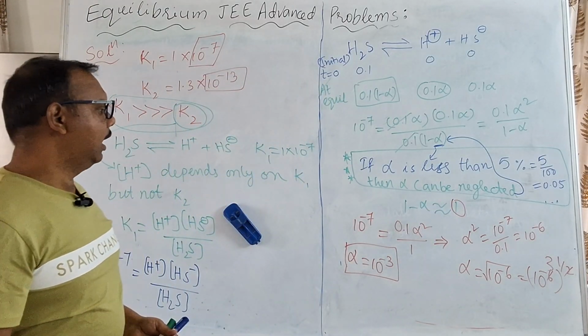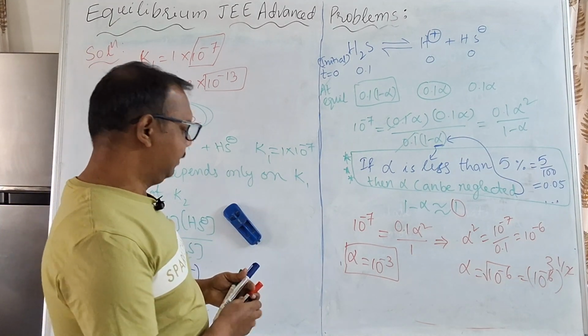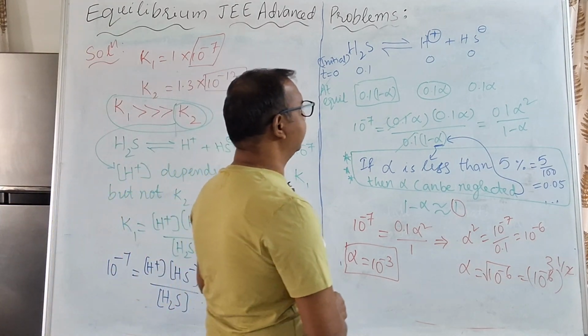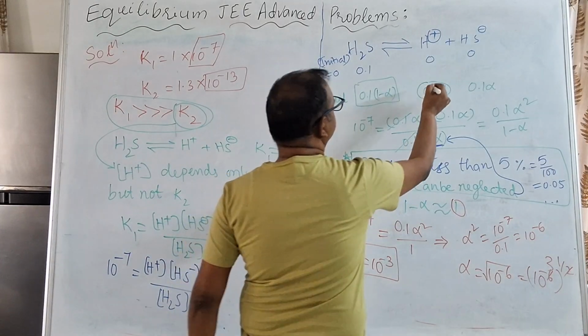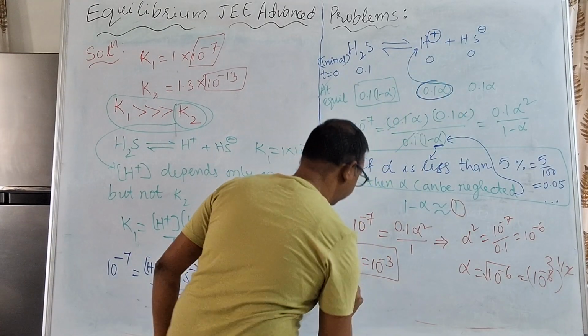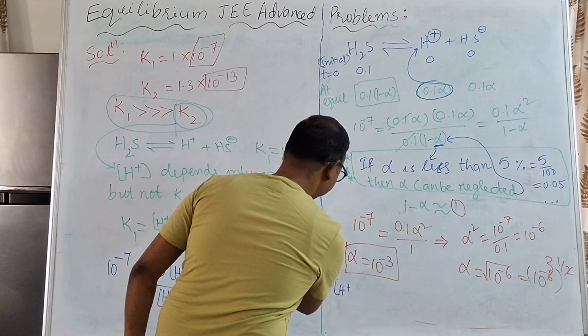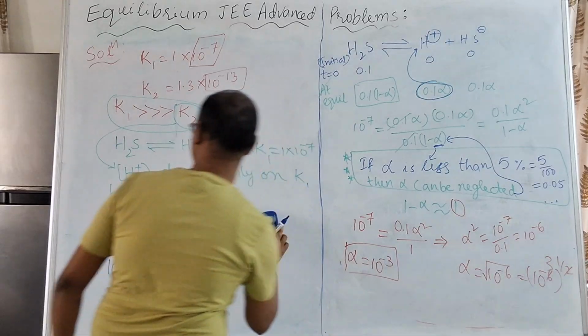In order to find that, what concentration of H plus is required? In order to find the concentration of H plus, what do we have to consider here? H plus equals what? 0.1 into alpha, the concentration of H plus. Therefore, concentration of H plus is equal to, I am going to write here.